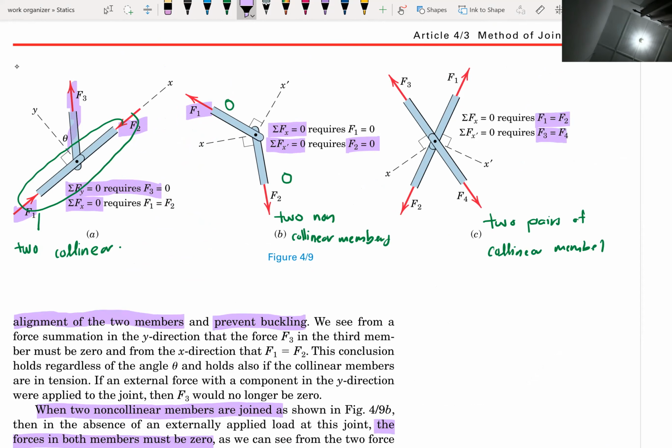F1 should be equal to F2 for summation of Fx equal to 0. And then F3 should be equal to F4 if summation of Fx prime equal to 0.